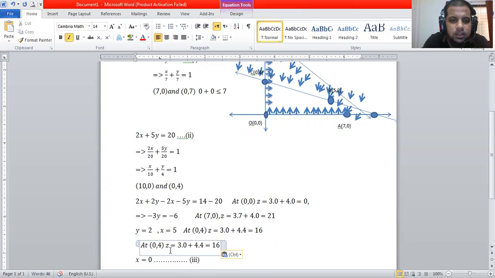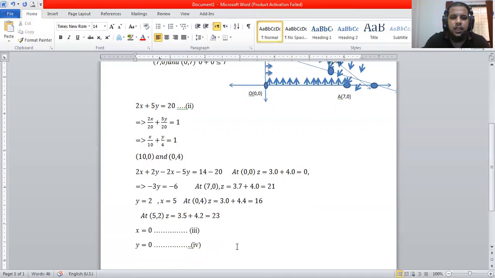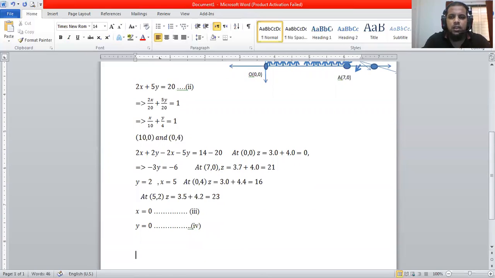The last point is 5 2. At 5 2, z equal to 3 into 5 plus 4 into 2, that means 23. So the values of z are 0, 21, 16, and 23.